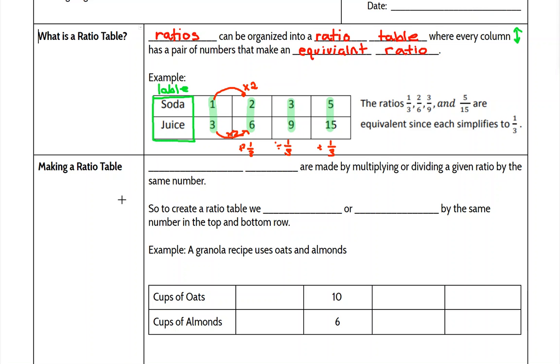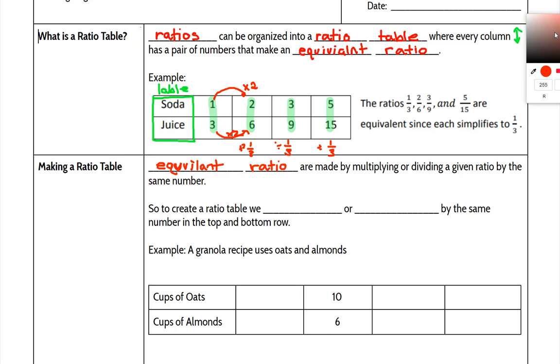Okay? So how do we make a ratio table? To make a ratio table, we make equivalent ratios, which means we need to know how to make equivalent ratios. Good thing I'm not your spelling teacher. So equivalent ratios are made by multiplying or dividing a given ratio by the same number.